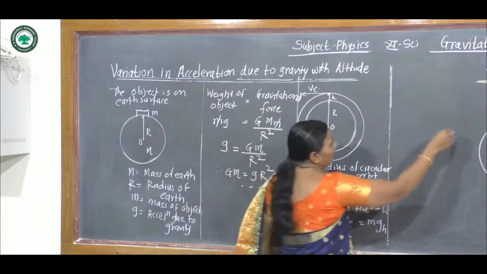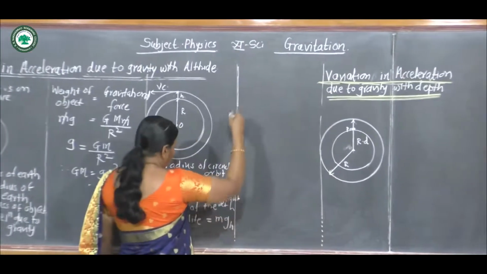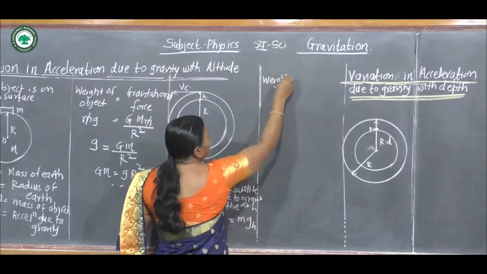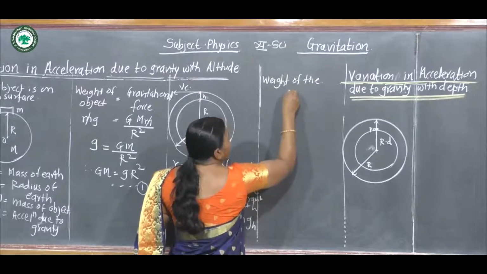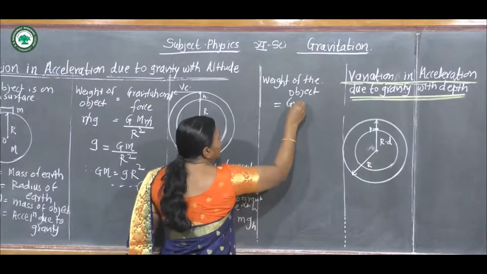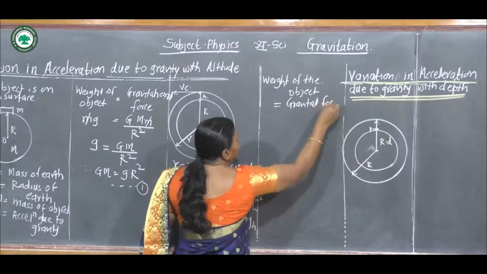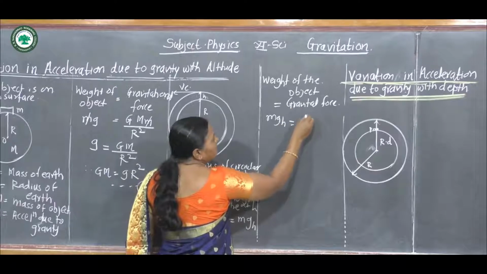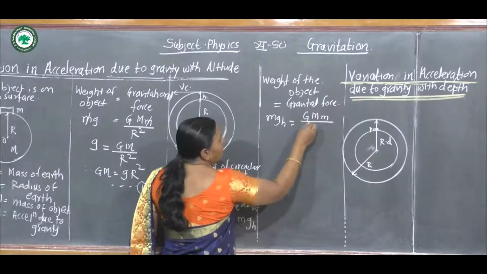This weight is balanced by the gravitational force, so m g_h is equal to G M m divided by r square.